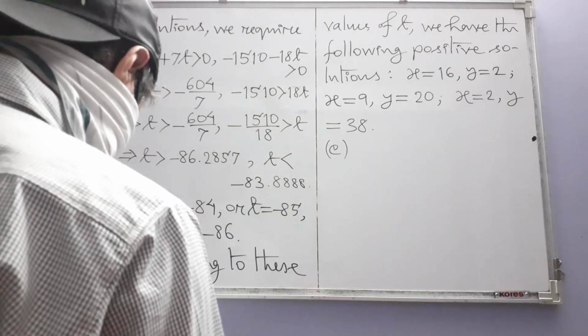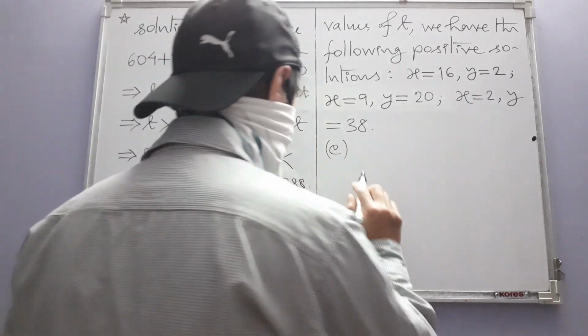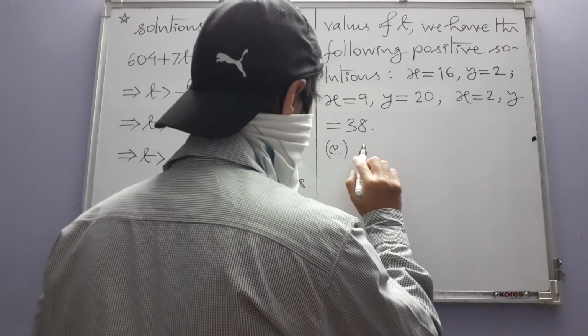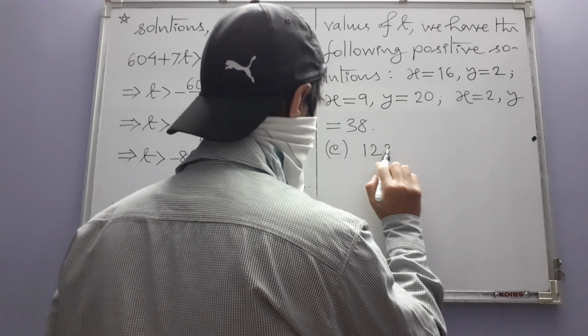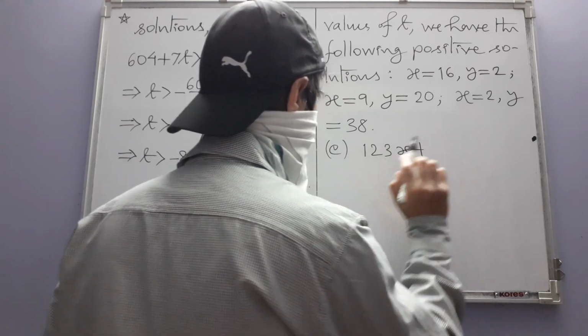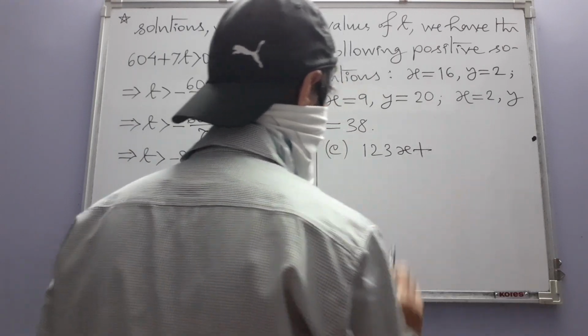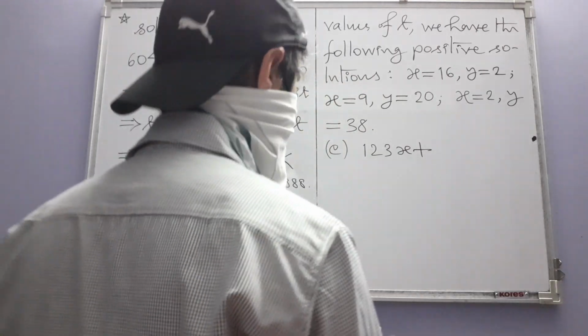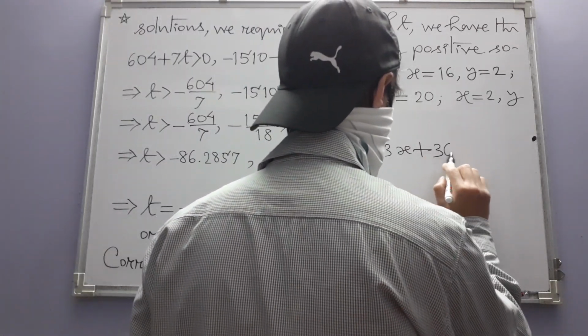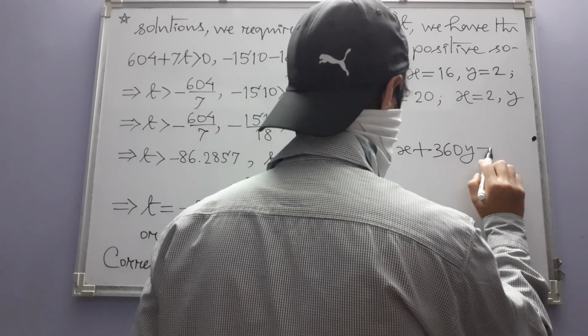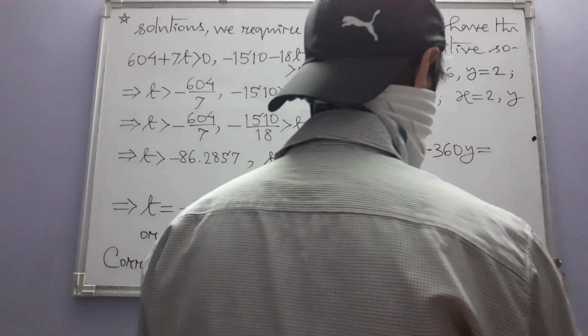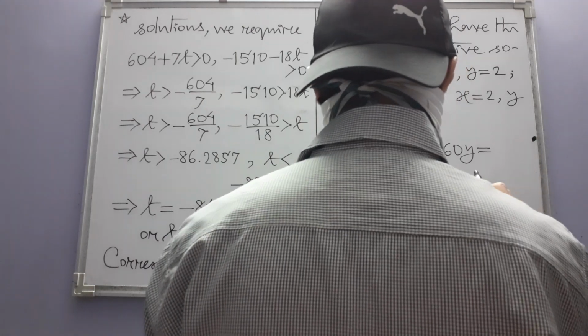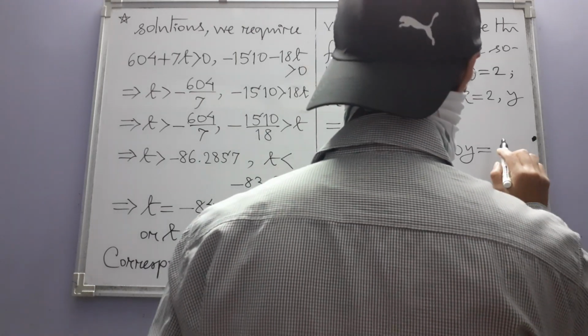Then we see part C. In part C, the equation, the numbers are increasing now. 123x plus 360y is equal to 99.